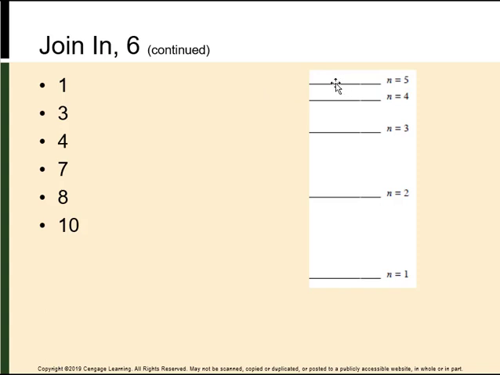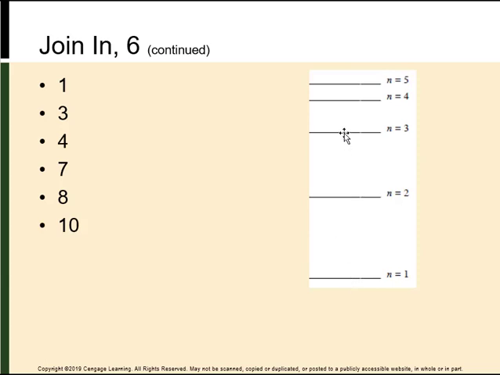Well, what if we went from 5 all the way down to 1? That would be 1 transition. 5 down to 2, that would be 2. 5 to 3 would be 3. 5 to 4 would be 4. What if my electron started at 4? 4 down to 3 would be 5. 4 down to 2 would be 6. 4 down to 1 would be 7.